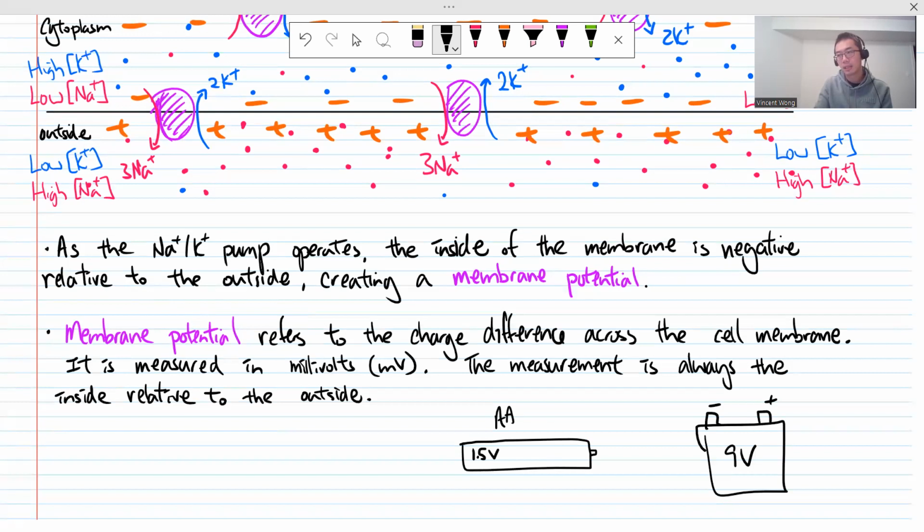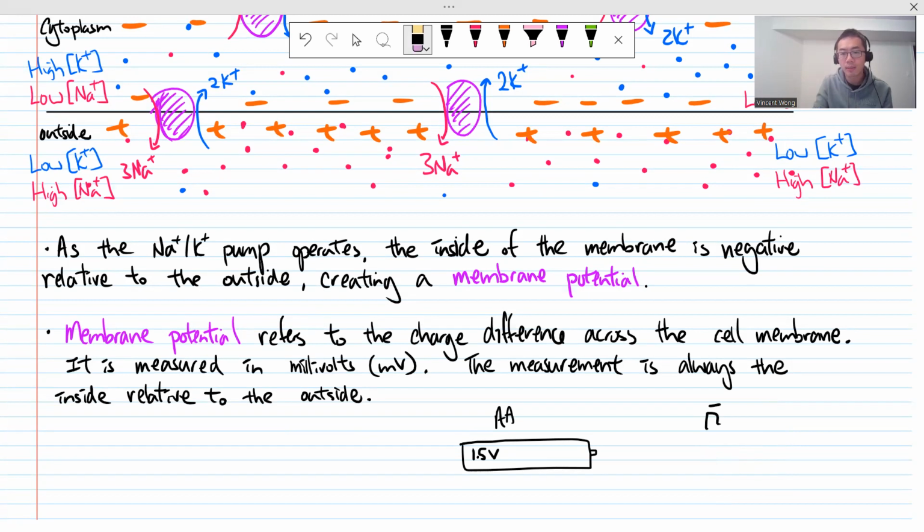Those charges are separated in a battery, but only when you hook up the positive and the negative do you have a flow of current. In this case, the positive and the negatives are separated by the membrane, and there are no paths for these ions to flow. It's the same as a battery that has no wire connecting the two terminals. The current is not going to flow.